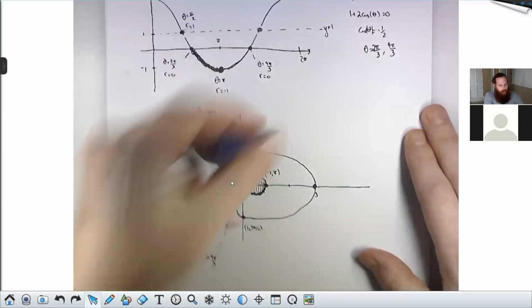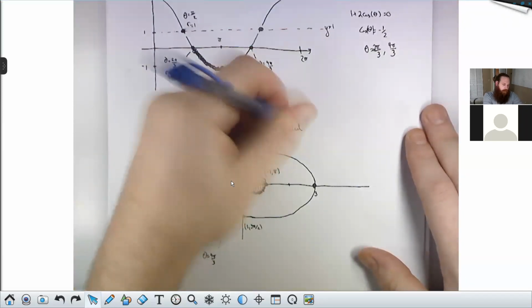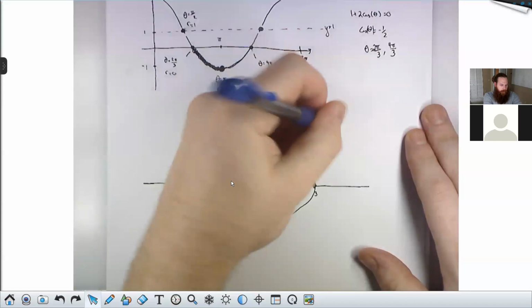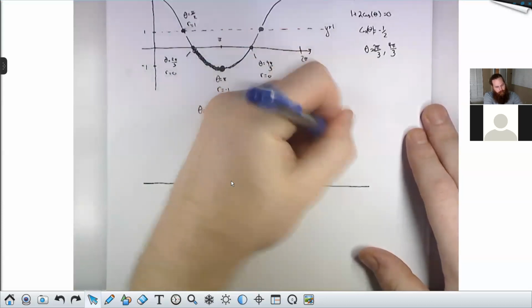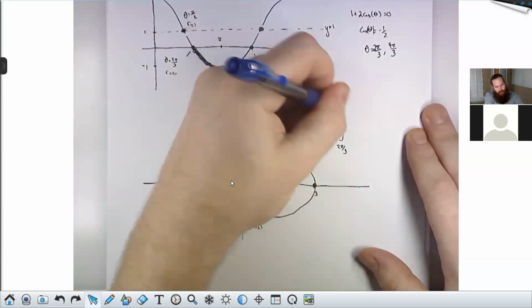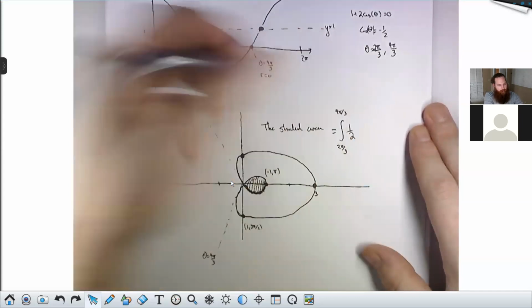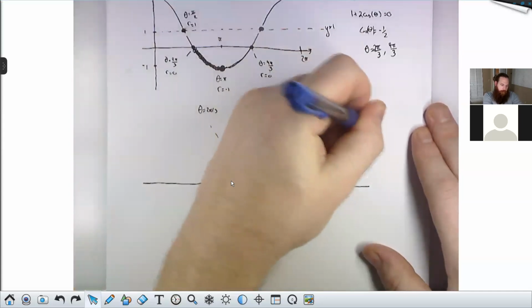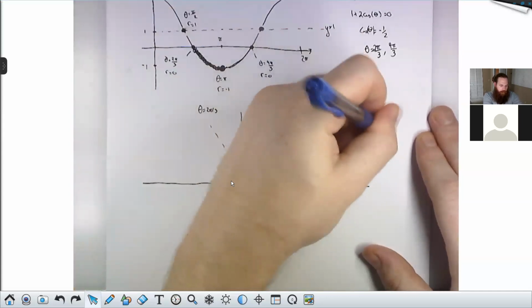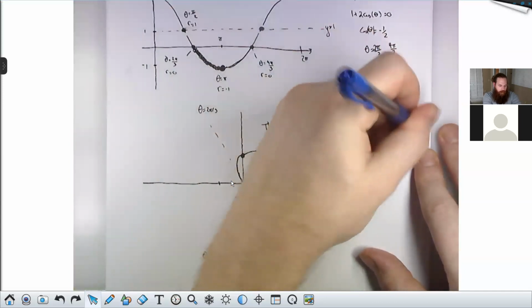So the shaded area here is the integral from 2 pi over 3 to 4 pi over 3 of 1/2 times (1 plus 2 cos theta) all squared d theta.